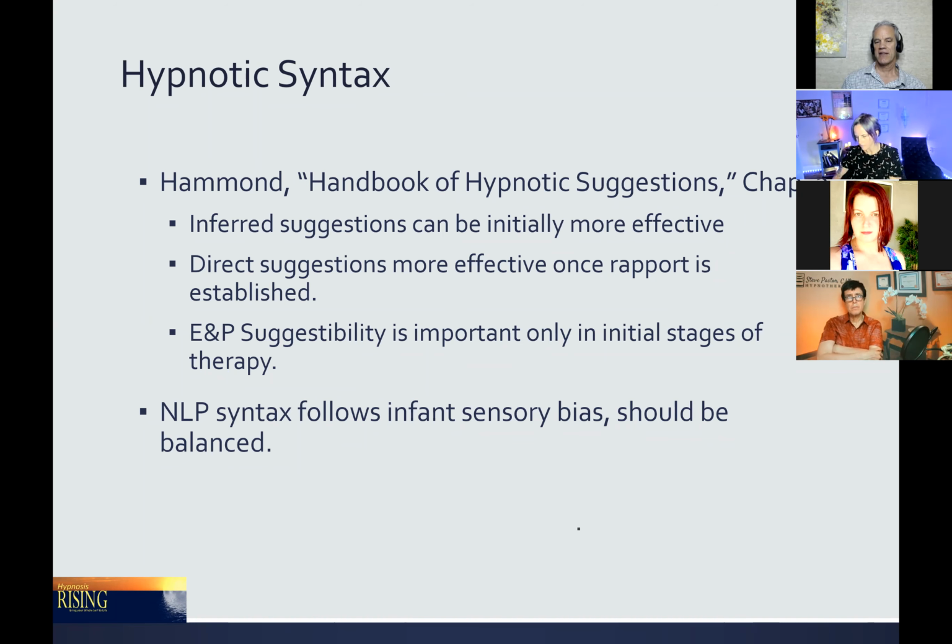The thing that's kind of curious about this is that you can always get inferred suggestions, a la Kappasinian emotional suggestibility, to work. My inference from this is that emotional suggestibility is only important in the initial stages of therapy.